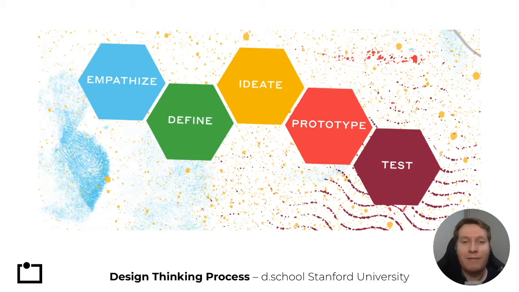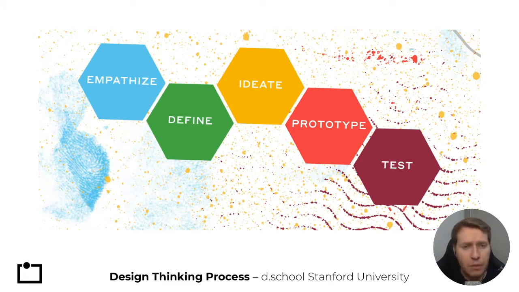So I will have a phase of empathizing where I will be closer to the user to identify their most crucial needs in terms of that situation that I'm trying to give a solution to, or to make these users' lives better.